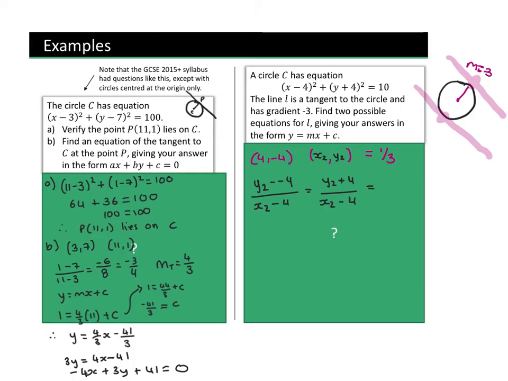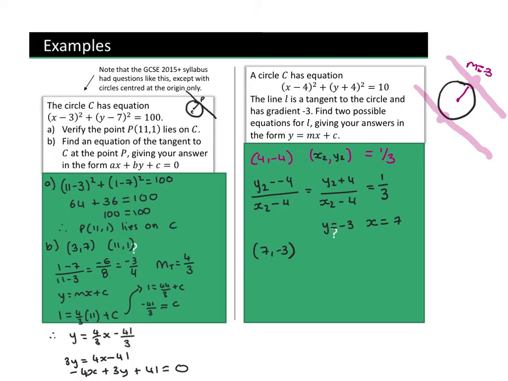Now, this needs to equal a third, okay? So what am I going to have first? I'm going to have y2 plus 4 equals a third. So I know that my y must equal minus 3. And then x2 minus 4 equals 3, so my x is equal to 7. So then I've got 1 point, (7, -3), on this line.